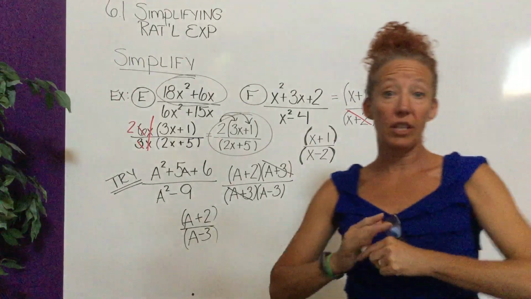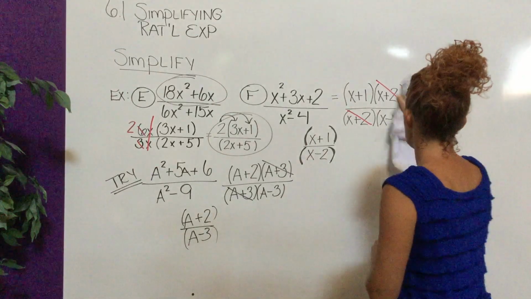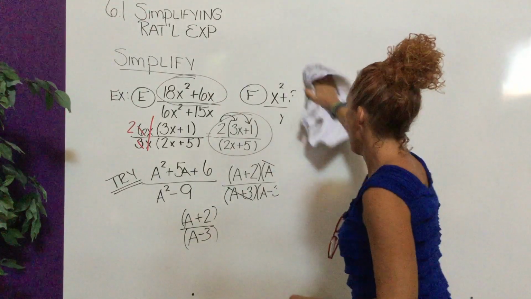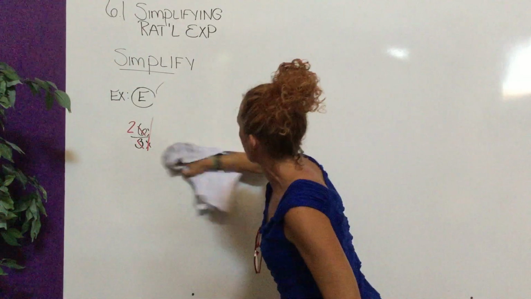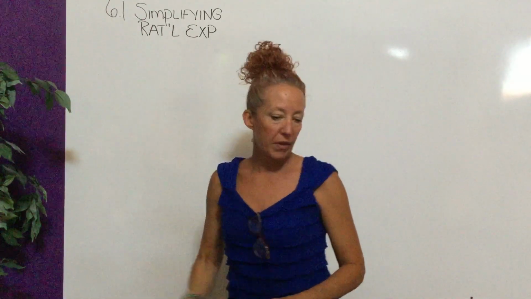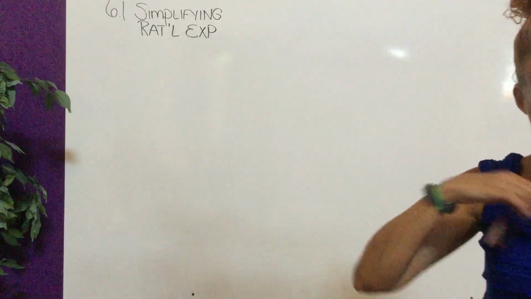All right, that is the gist of this lesson. There's just one more little one that I want to make sure that you understand, and it's when your factors are opposite, meaning that it's almost going to work out perfectly, but there's just one little trick that you have to deal with.